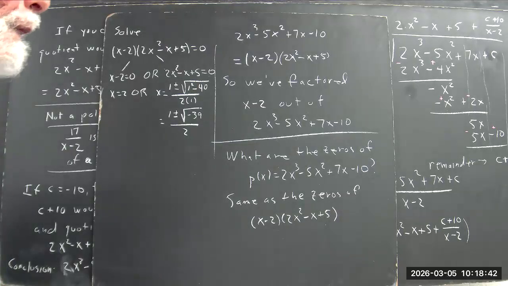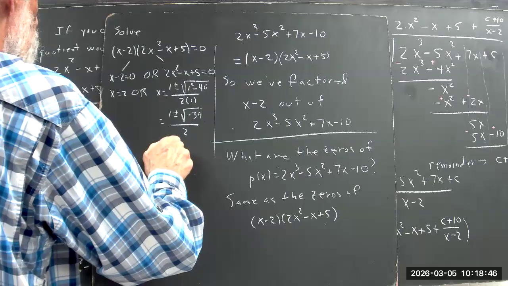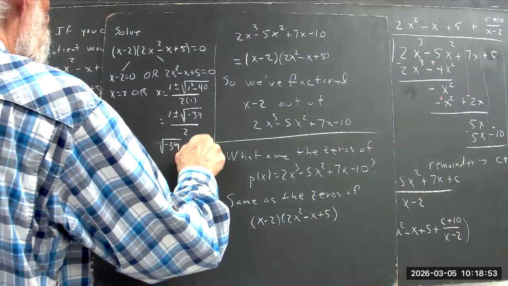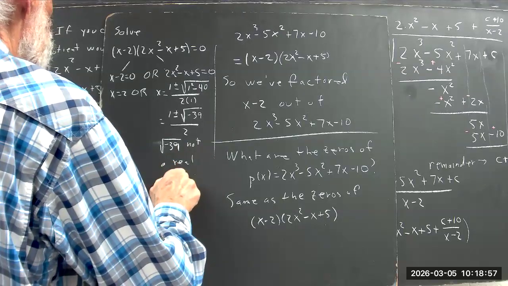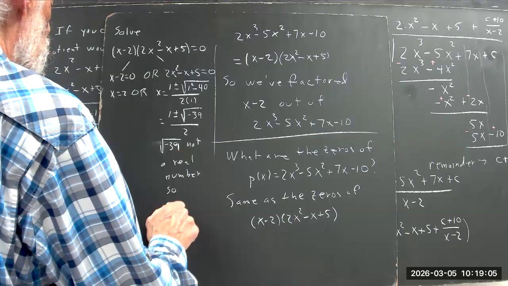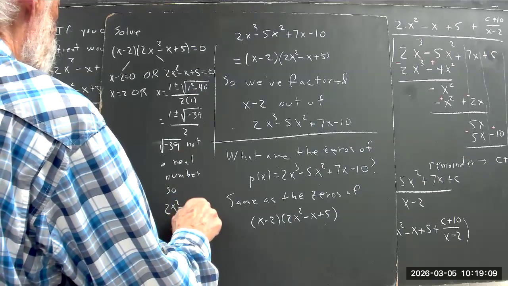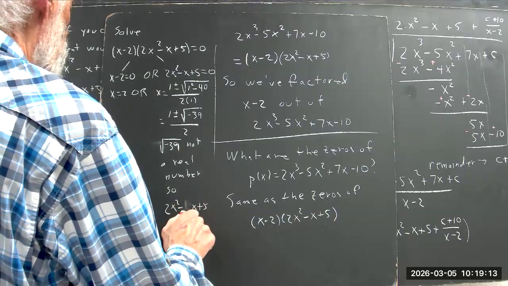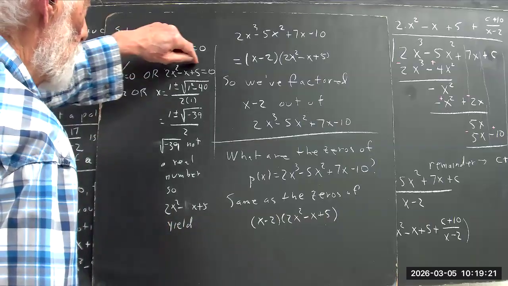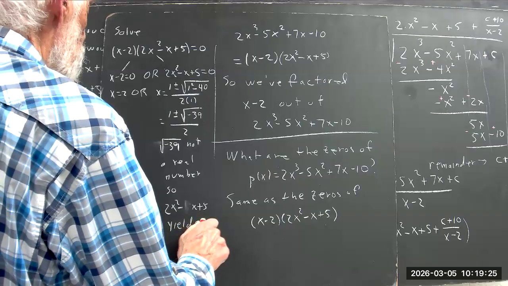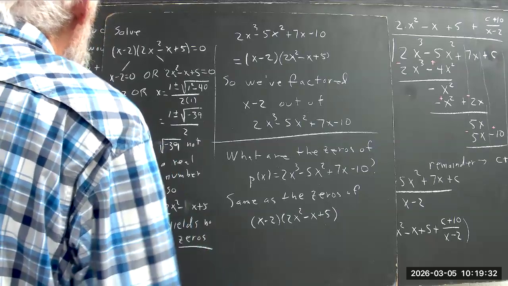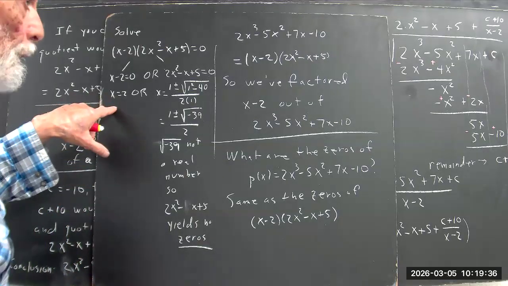But the square root of a negative number is not a real number. So I'm going to say that the factor 2x squared minus x plus 5 yields no zeros. Our conclusion is that the original polynomial has only one zero, that's at x equals 2.